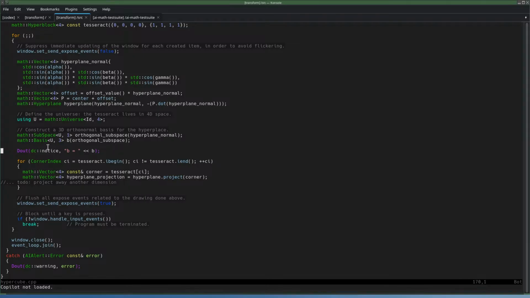So then we have our 3D volume, or immediately even a basis for it, where the volume is orthogonal to the hyperplane normal. In other words, it is the hyperplane. Well, it's a basis for the hyperplane. Maybe I should give it that name as well. So this is the hyperplane basis.